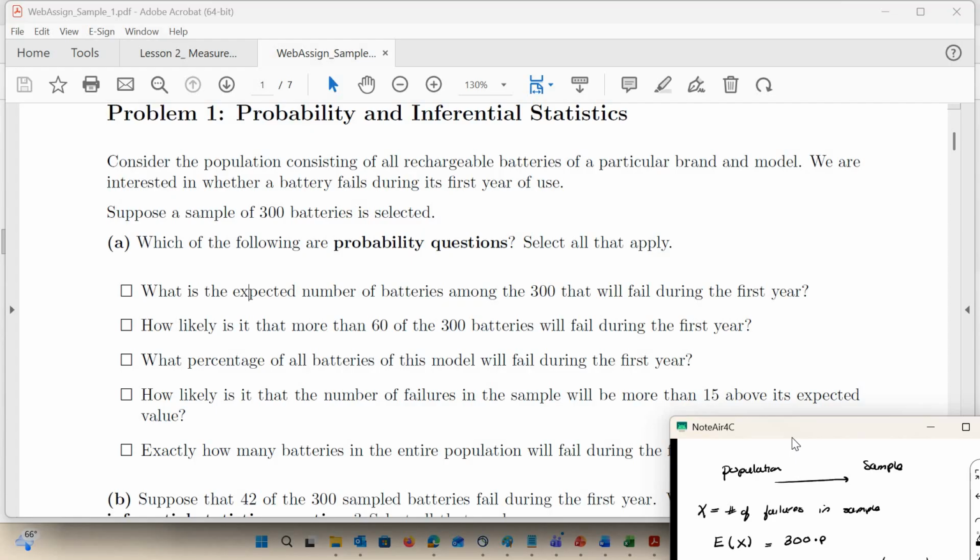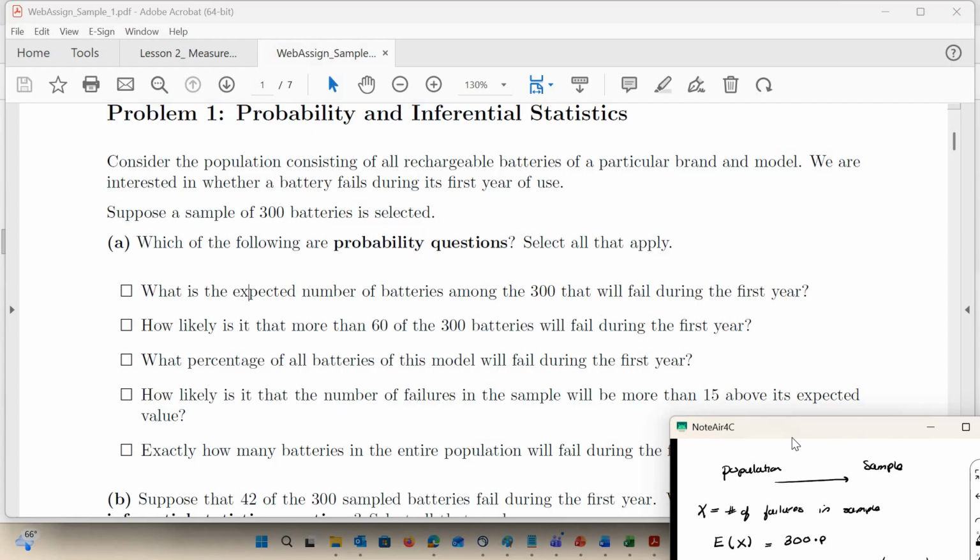What about the other ones? Let's look at 3 and 5. 3 is not going to be a probability question because I'm asking a question about the population itself, the unknown population failure proportion, which we could use even if P, that probability, is unknown, we use sample data to estimate, we're using something called statistical inference.